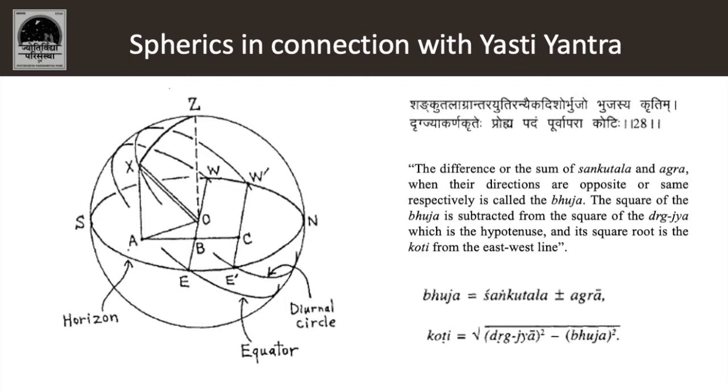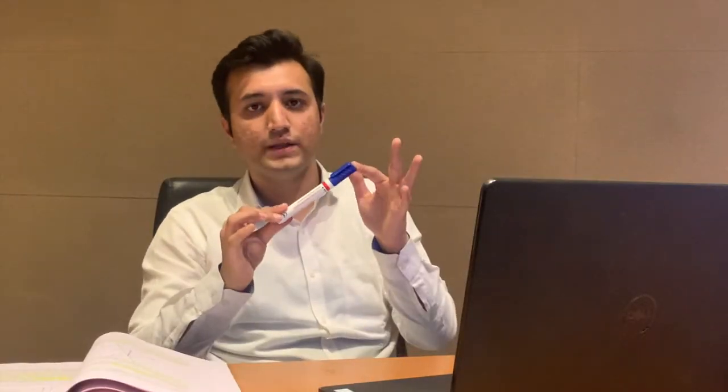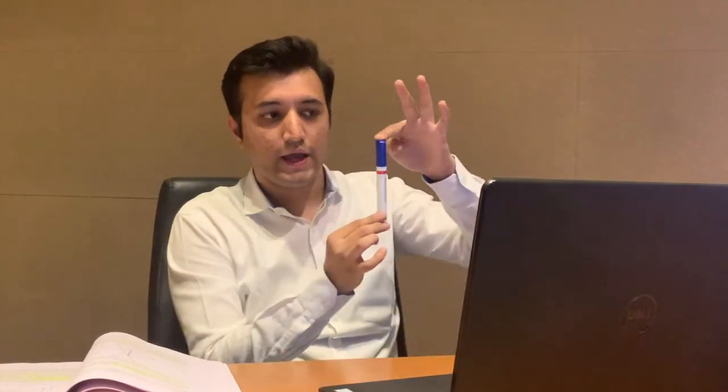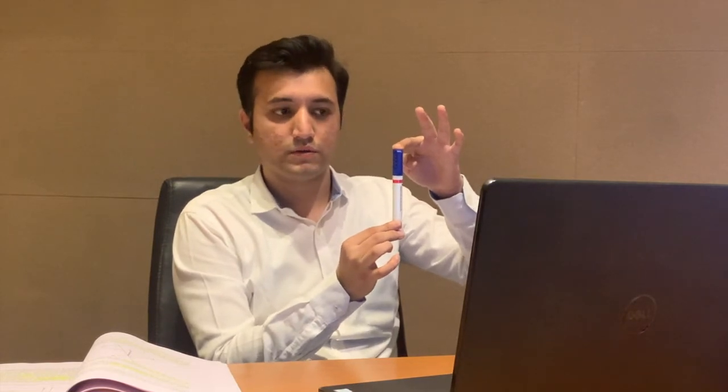OA can be found out by the zenith distance, which is angle AXO. So this we have learned in 8th standard, simple trigonometry. So we have found out XA, we have found out AO, and there are terms denoting this as well. So XO means Yashti, XA means Shanku, and AO means Drugja. So these three terms have been defined as per Indian astronomy.